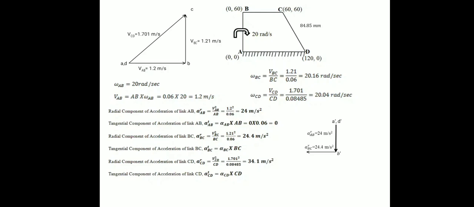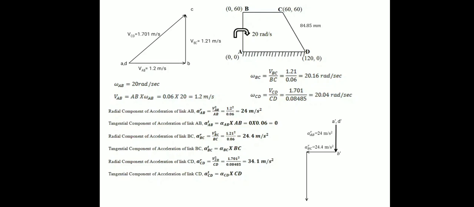And definitely there will be a tangential component of acceleration for link BC. We cannot choose the second coupler acceleration alpha as 0, so we need to draw a perpendicular line from there.